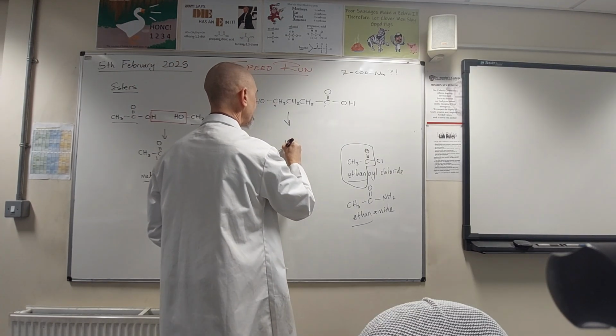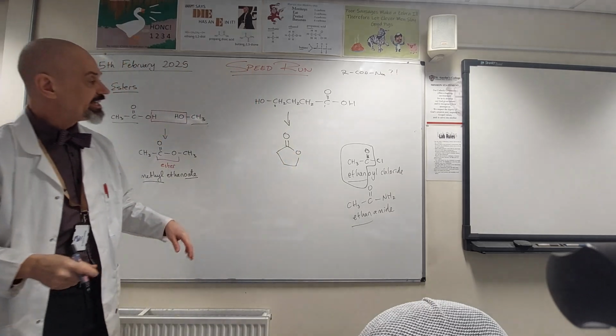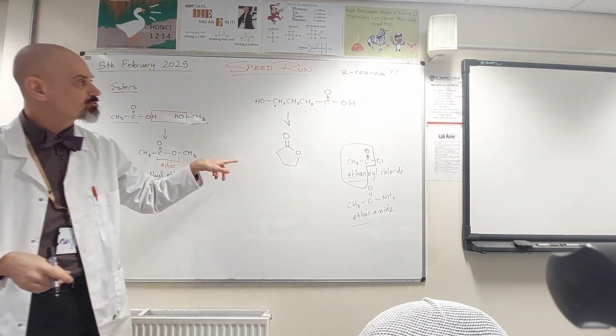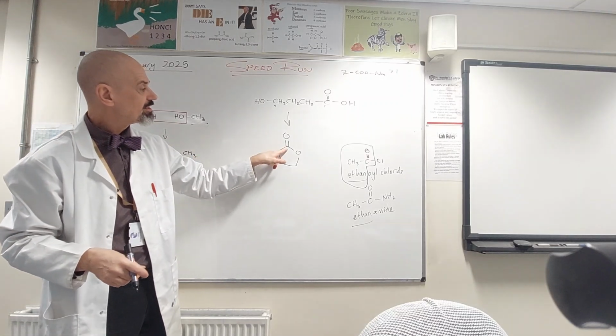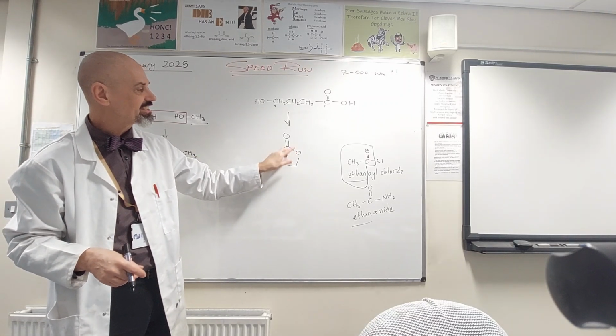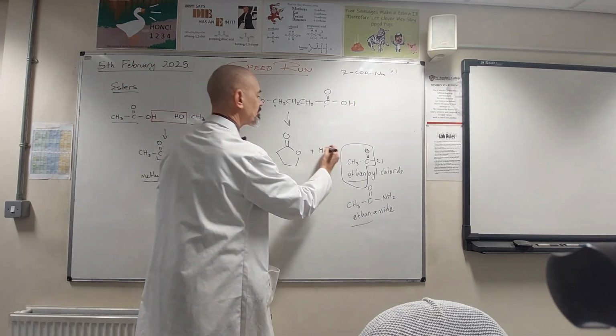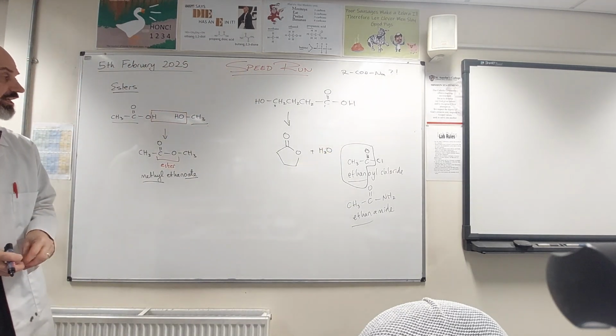So if I made that into an ester, it would actually react with itself. We'd end up with this 5-membered ring where the carboxylic acid is now part of that ring by reacting with itself. And of course we lose water.